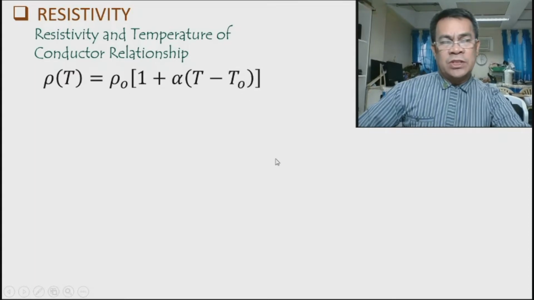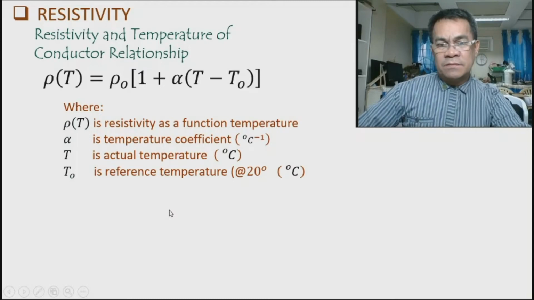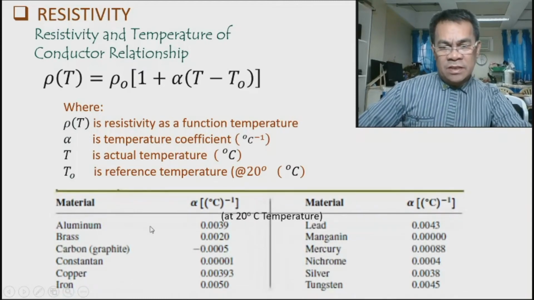So if you use the table previously, you have to use the 20 degrees Celsius. Take note, you need these tables. Why? Because we want to know how much is the resistivity at room temperature.